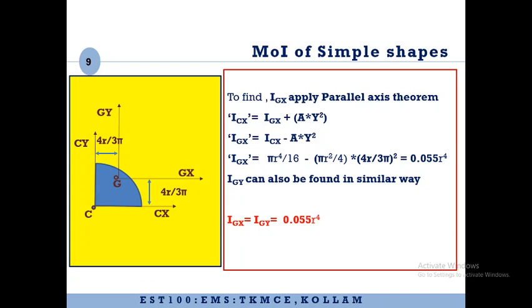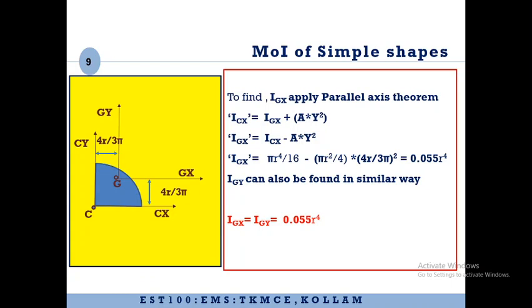Once again, if you remember, for a circle about the axis passing through the center, it was pi r raised to 4 by 4. For a semicircle, about the axis passing through the center, it was pi r raised to 4 by 8, that is half of the circle. And for a quarter circle, about the axis passing through the center, it was 1 by 4th of a circle, that is pi r raised to 4 by 16.